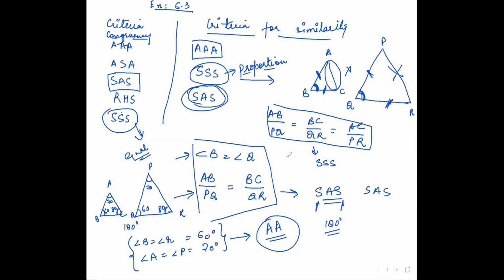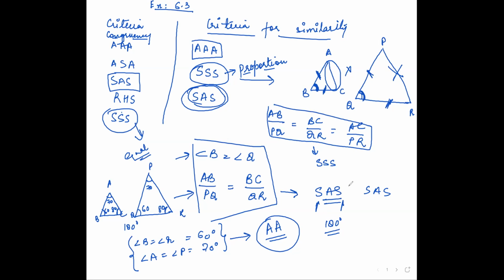You're writing the other. This all proof writing, like AA, SSS, SAS proof, I don't think it will come in the exam. The statement of the theorem is already written in your NCERT book. If you can just see from there, or should I write?